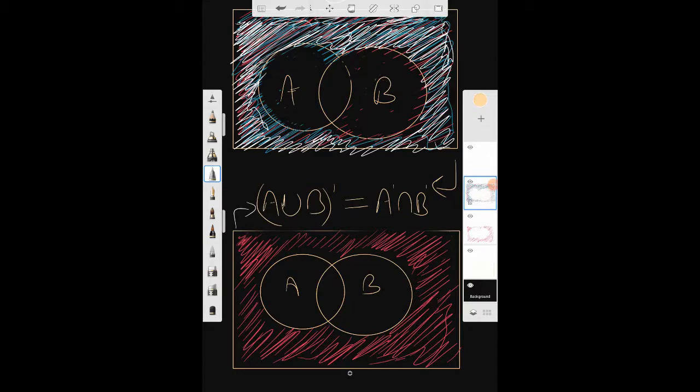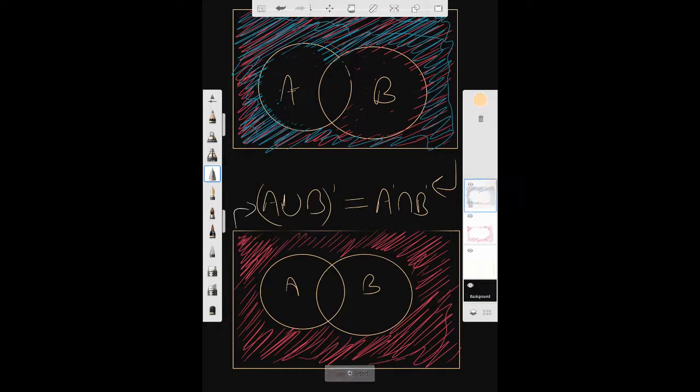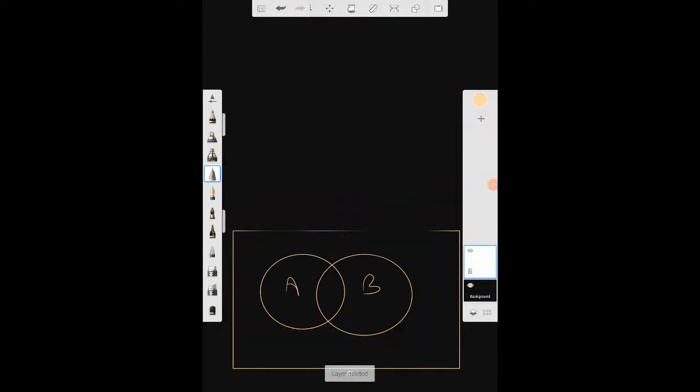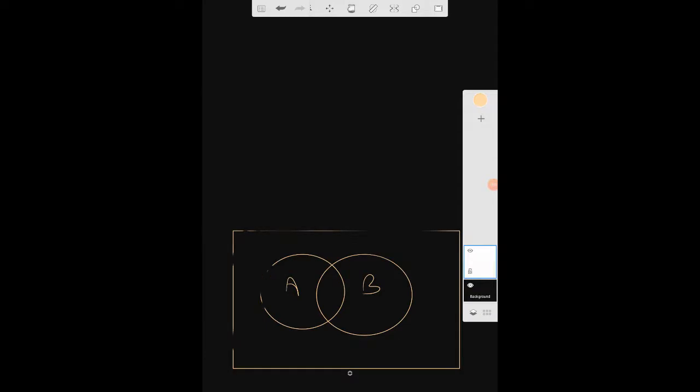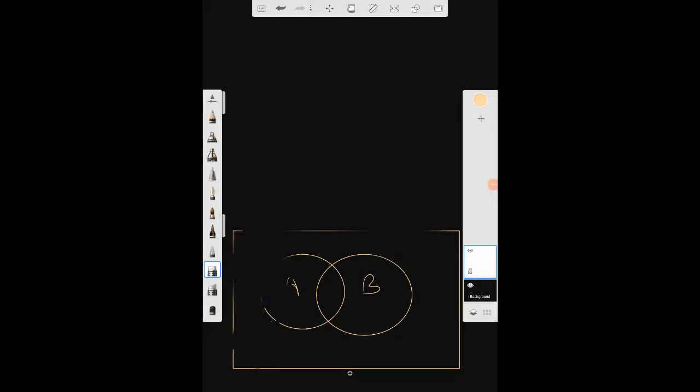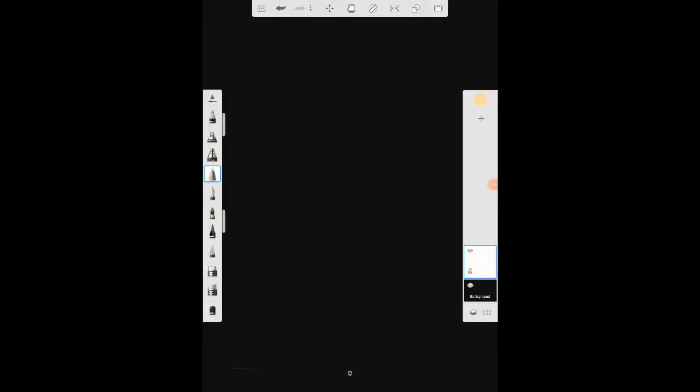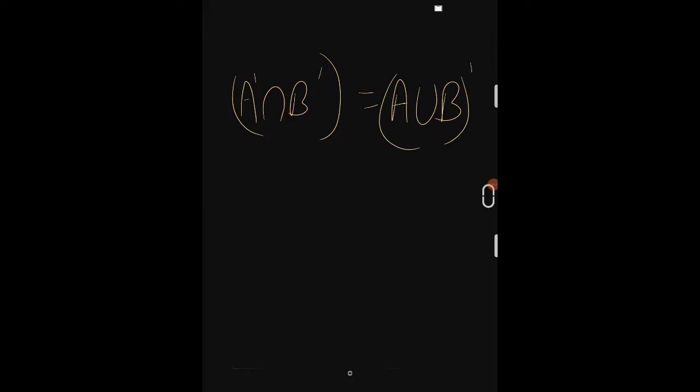Now let me note all these things again for you. So what we saw here was, A complement intersection B complement is equal to A union B whole complement.